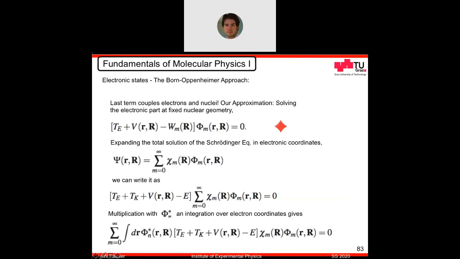And now comes the tricky part. If you just learn this from the slides, we make the following approximation, which is exact as long as we sum up over all electronic excited states. We can say we describe the total wave function of the molecule as a linear combination of our electronic wave functions, and the coupling coefficients themselves must also depend on R, on large R or R capitalized.